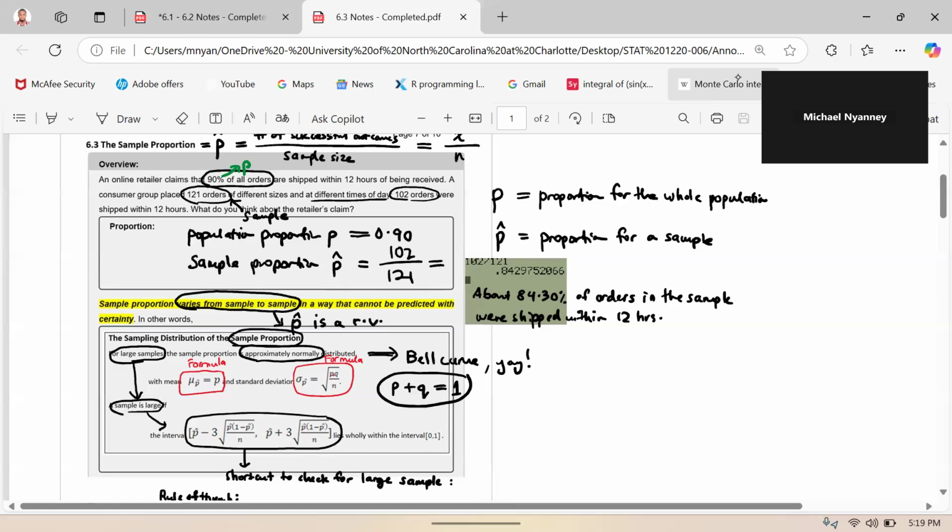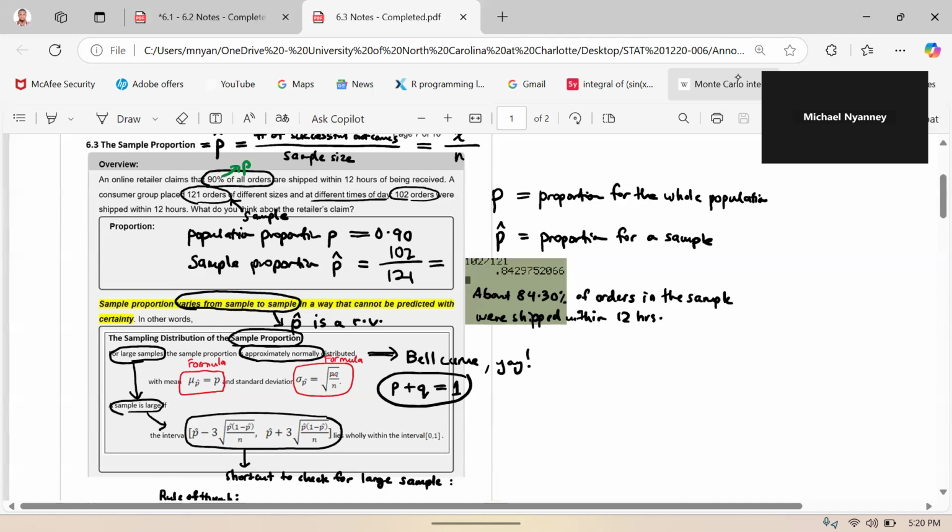Out of this sample, 102 orders were shipped within 12 hours. So this would be the sample proportion: the orders shipped over the orders placed. So what do you think about the retailer's claim?